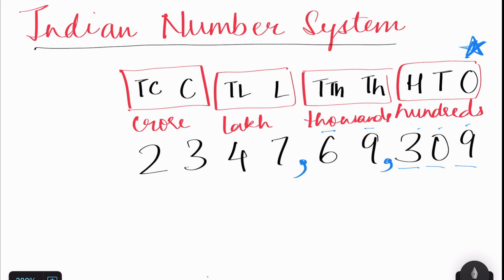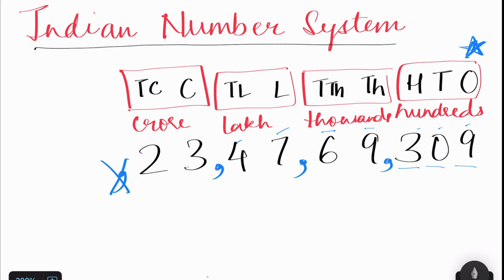So that is why a comma between 7 and 6. Then the lakh family, which again has two members, lakhs and 10 lakhs. And then I put a comma between 3 and 4. And then we have the crore family. Since we do not have any number here, we will not be putting any commas here. It will not make any sense, right? Okay, now this is how and why we divide it into families.